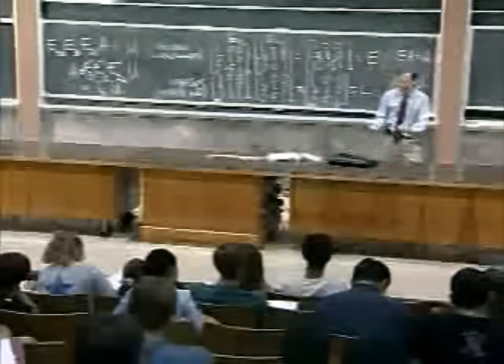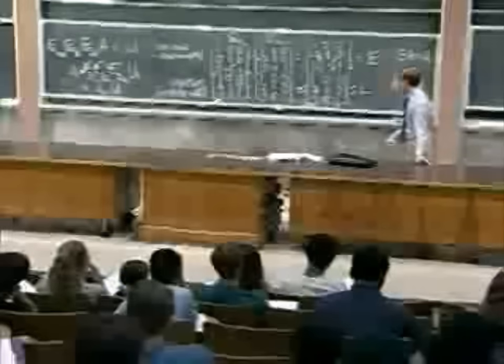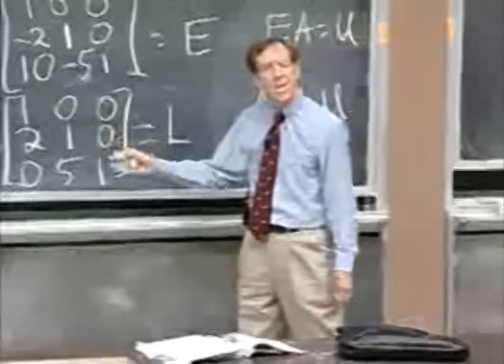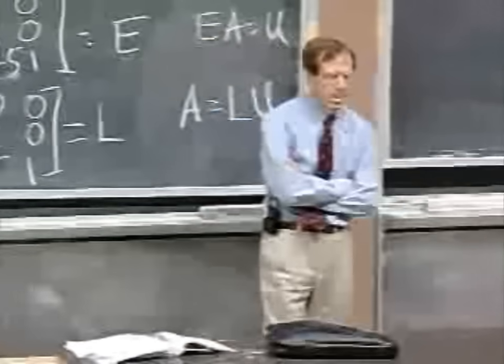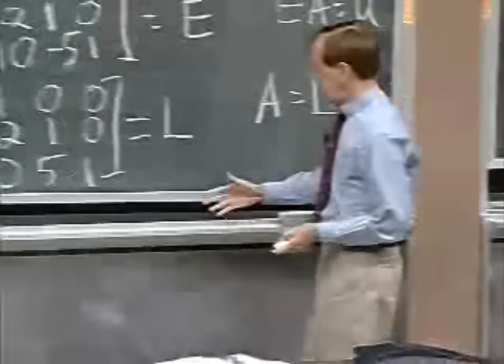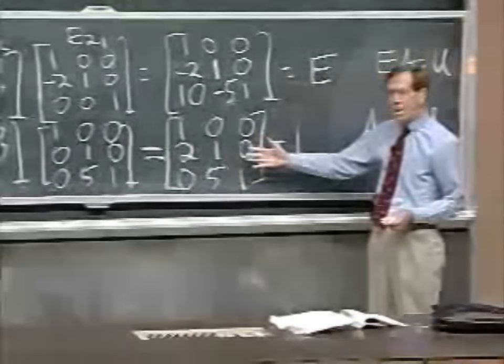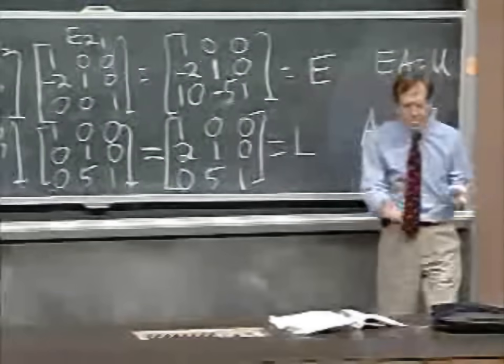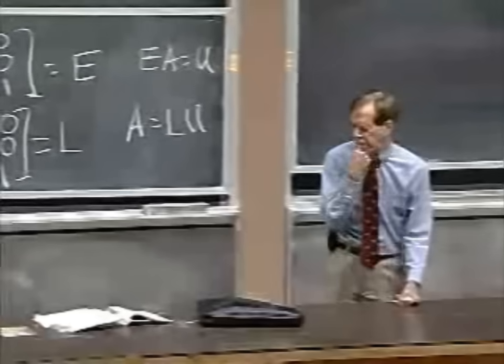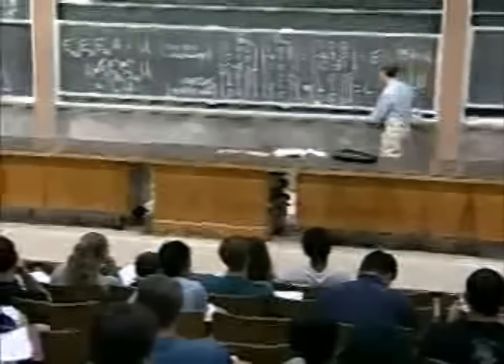The 2 and the 5 don't interfere to produce this 10. In the right order, the multipliers just fit in the matrix L. That's the point. If I want to know L, I have no work to do. I just keep a record of what those multipliers were, and that gives me L.